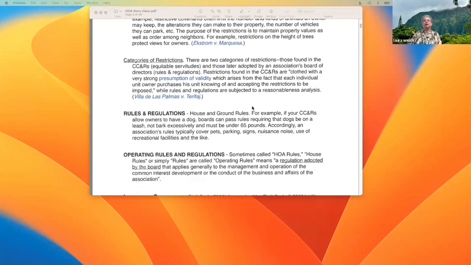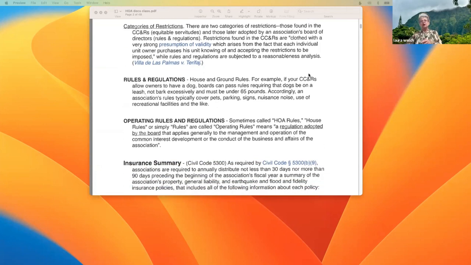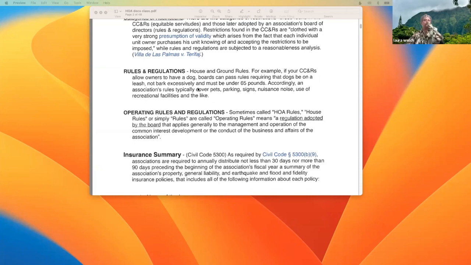And as we're talking about here, there's two different kinds of restrictions: those that are found in the CC&Rs, and those that are adopted later, which are the rules and regulations. Because the rules and regulations get more granular. This is the house and ground rules. And as I was talking about the dogs, the CC&Rs say you can have two dogs.